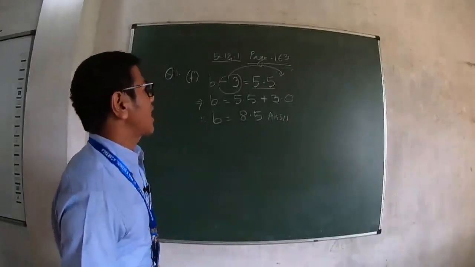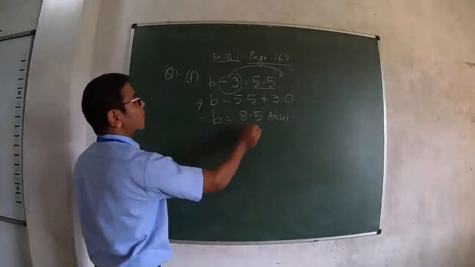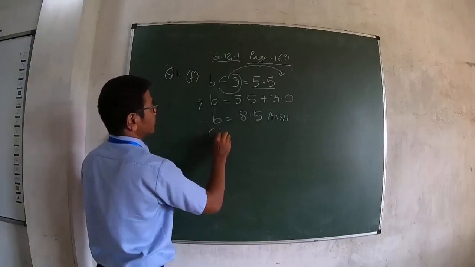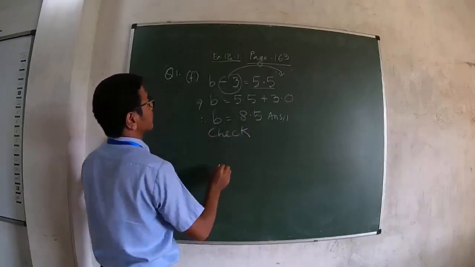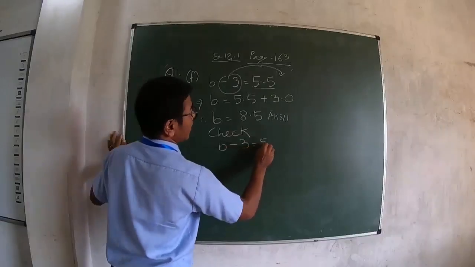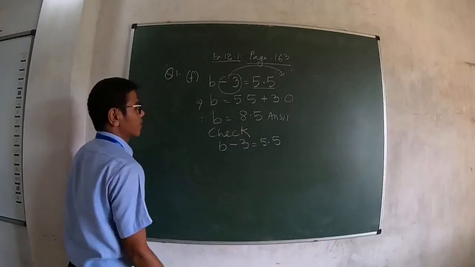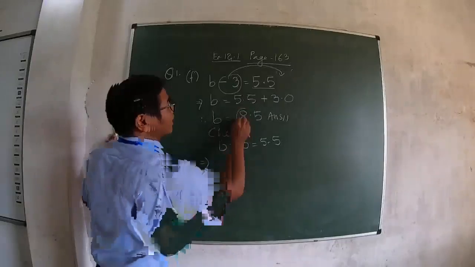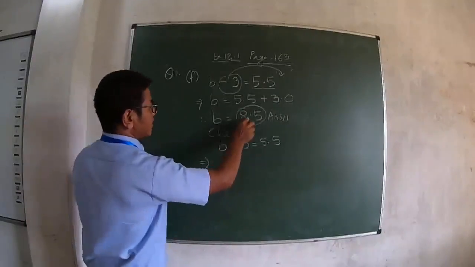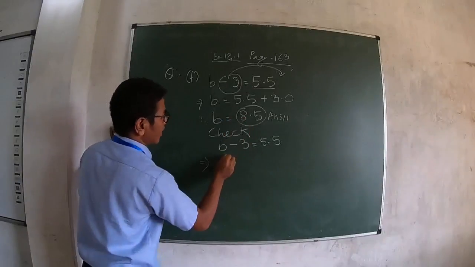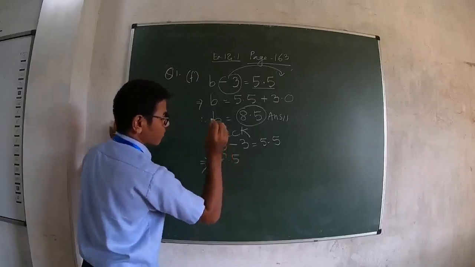Let's try checking whether what we have found is correct or wrong. B minus 3 equal to 5.5. So what we see is the value of B is 8.5. That means in place of B, we write 8.5.